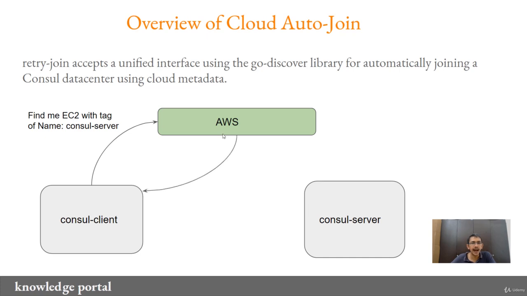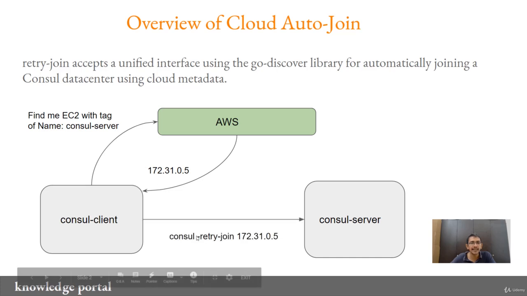AWS will return the IP address of an EC2 instance which has this specific tag. As soon as the client receives this IP address, it immediately does a Consul retry join on this IP address and connects to the Consul server. So this is a much easier way, specifically if you're automating the entire cluster and client related configurations.